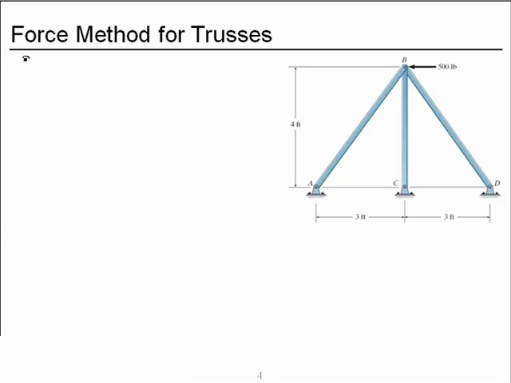Step 2. After we figure out how many degrees indeterminate, we'll be able to figure out how many redundants we need, select those, and write our equations of compatibility. So indeterminacy.